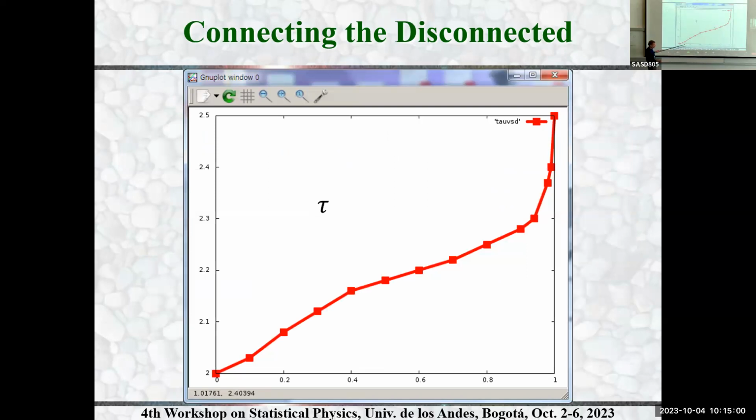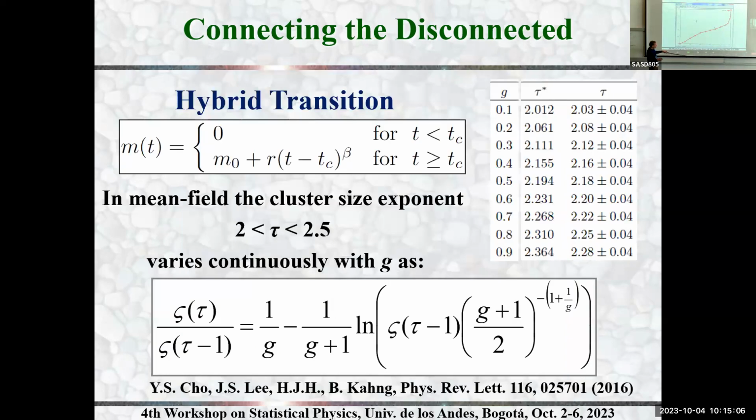So tau becomes a continuous function of G, and also beta becomes continuous. Remember, all these exponents are related to each other. Tau and beta are related: beta equals (tau minus 2) over sigma.